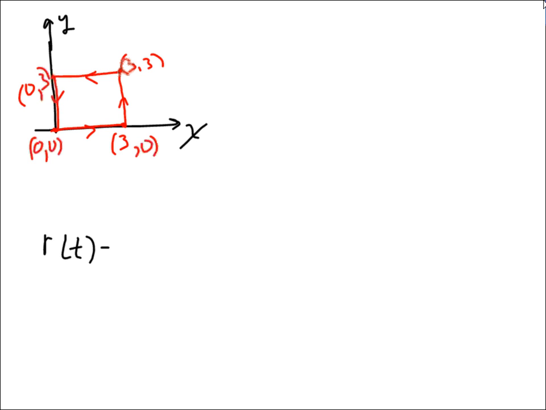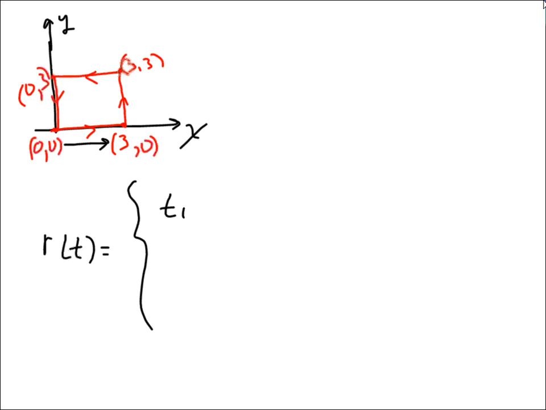And the answer is piecewise. First, we're going to go from the origin to (3, 0). So y is always 0. Now, how would we describe the x?